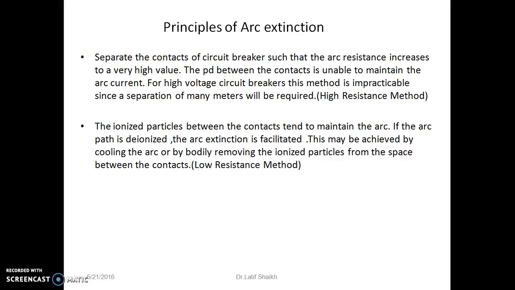Otherwise, if by some means you deionize the ionized particles that are there, that is, if the arc path is deionized, then the arc extinction is facilitated. There are many methods of deionization, that is cooling the arc, lengthening the arc, or using some other material such that this arc can be extinguished.